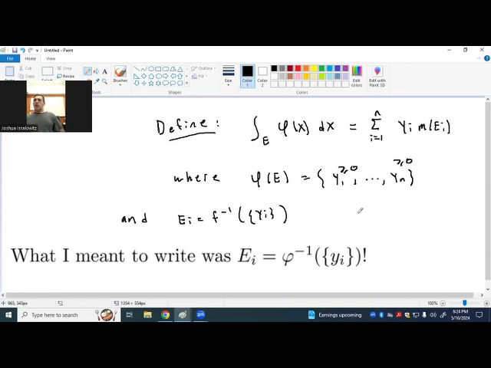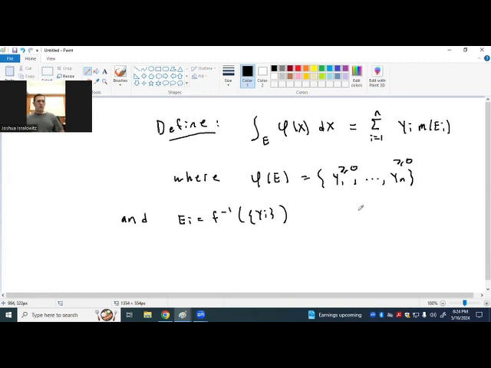One thing I want to be clear about is that I want these to be distinct. It's very important. I do not want any repeats here.